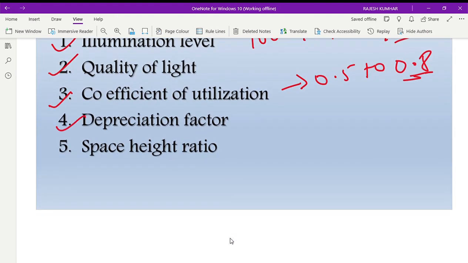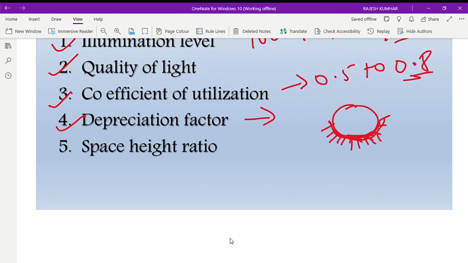Now the fourth point is the depreciation factor. The total flux emitted by the source and its fitting may be reduced due to the deposition of dust upon the surface. Suppose this is the source, which may be a bulb, and some dust particles come and settle here, then the brightness of this bulb becomes less.